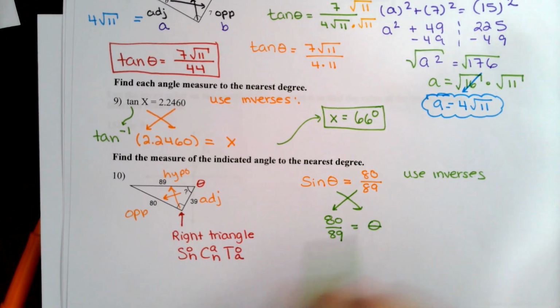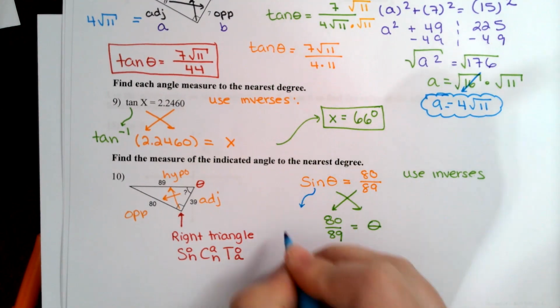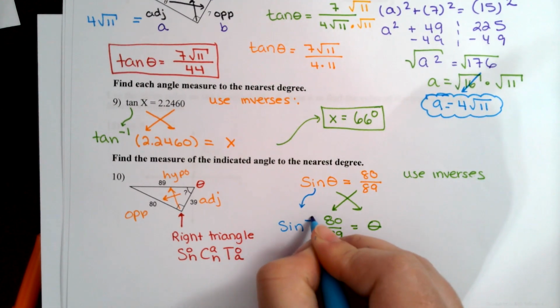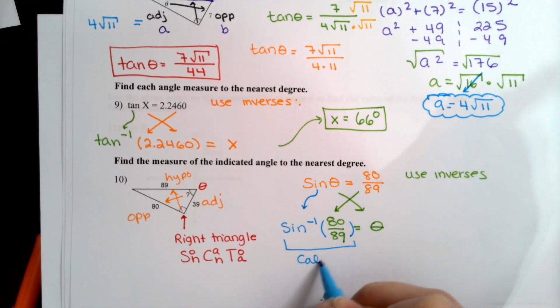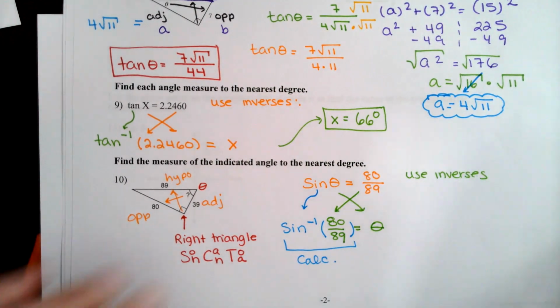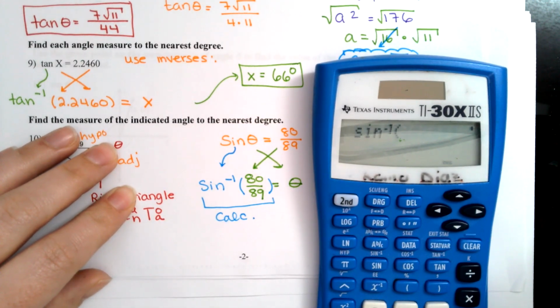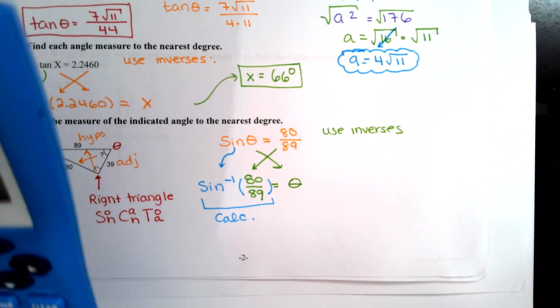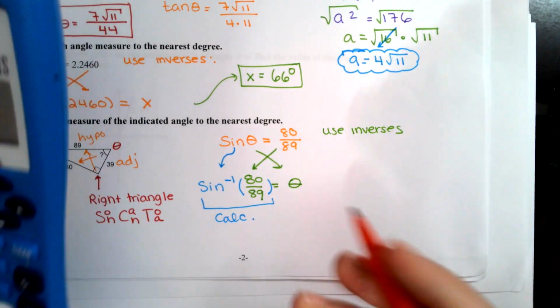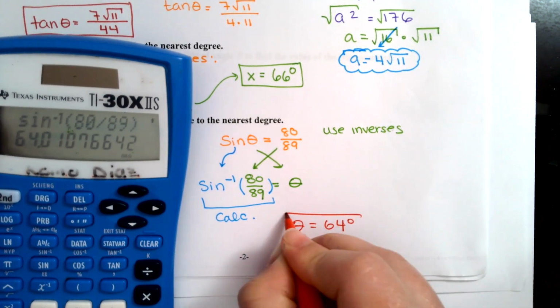So theta goes on the outside, 80 over 89 goes on the inside, and since we're using inverses, we have to invert our sine. This is what you would type into the calculator. Make sure that you're using the correct inverse button. Second, inverse of sine, 80 over 89, equals. It's asking us to round to the nearest degree. For us, that would be 64 degrees. So theta is equal to 64 degrees.